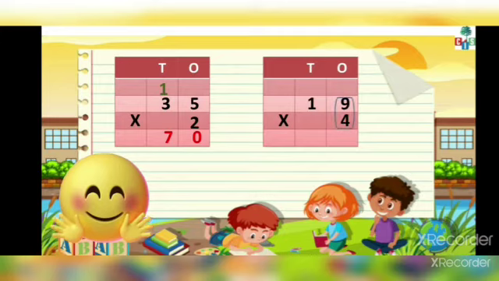So let's say the 4 table. 1 fours are 4. 2 fours are 8. 3 fours are 12. 4 fours are 16. 5 fours are 20. 6 fours are 24. 7 fours are 28. 8 fours are 32. 9 fours are 36. So we have to write 36. So 6 in ones column, 3 in tens column.